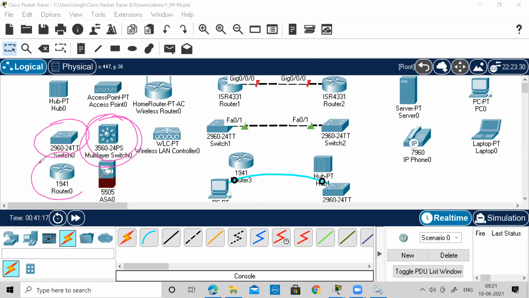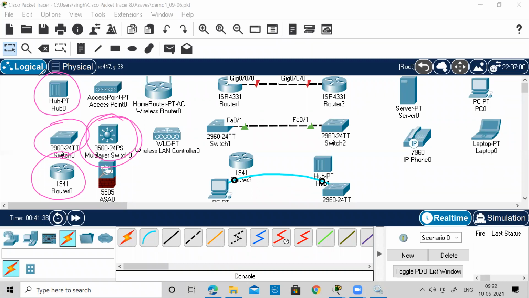A router is a layer 3 device, so it will again have only three layers: the network, the data link, and the physical layer. When I talk about the hub, which is obsolete, we still talk about it because the access points we use for wireless communication have a similar role.